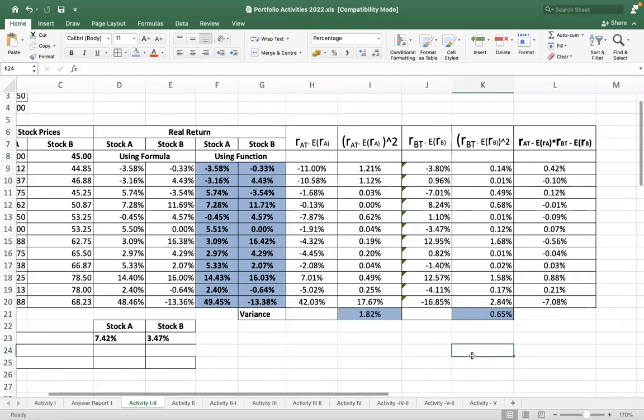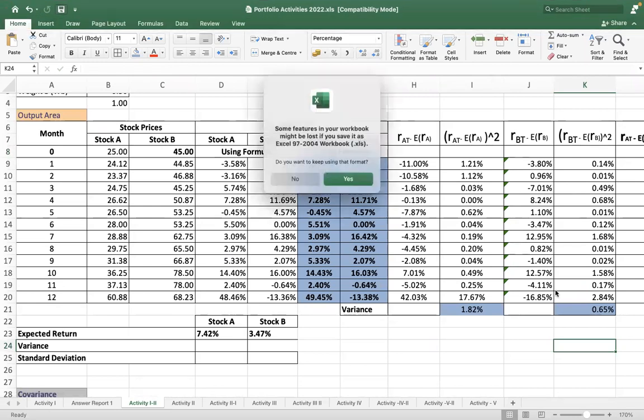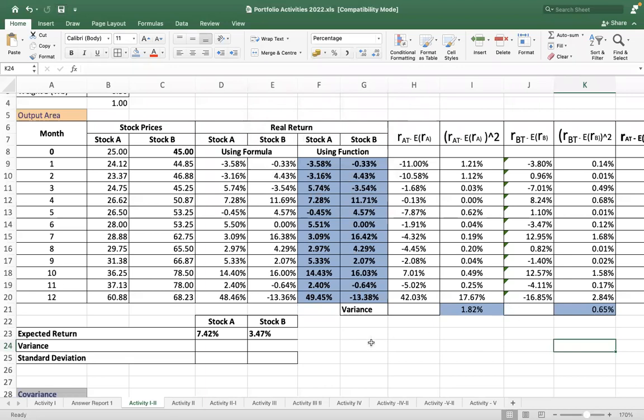This is the manual way we can calculate the variance, right? Variance of each stock. Please practice it.